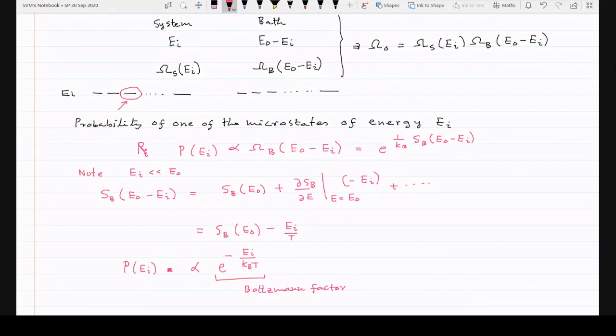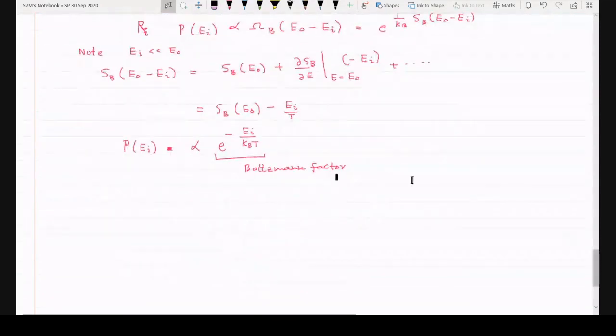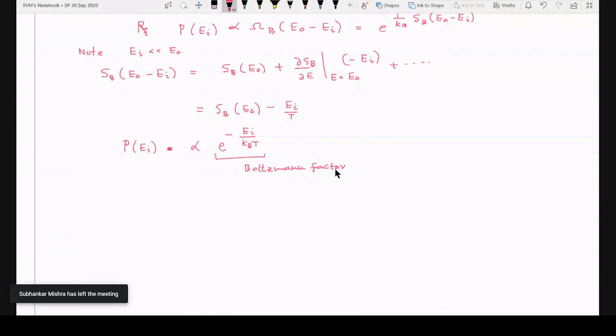Boltzmann for the first time had shown that the Maxwell distribution can be generalized to the total energy, whereas Maxwell only considered the kinetic energy of the system. Now the constant factor can be obtained by assuming that the probability has to be normalized.